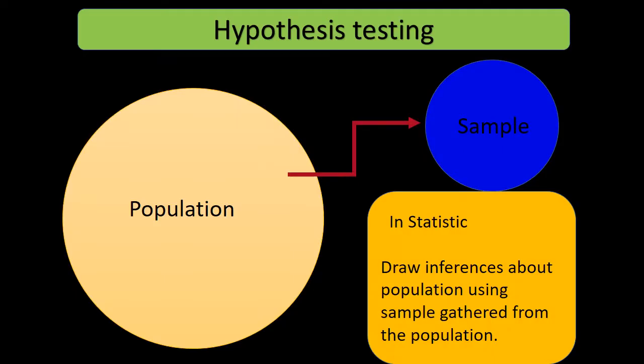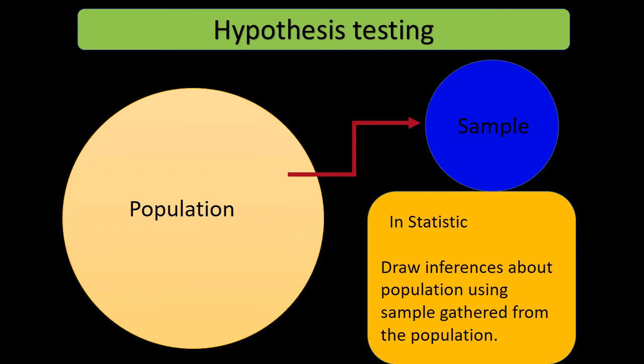Why are we doing this hypothesis testing? The population is very big, with a large number of individuals, so it is very difficult to analyze the population data. Therefore, we get a random sample from the population and check the sample. The sample is the experimental group.